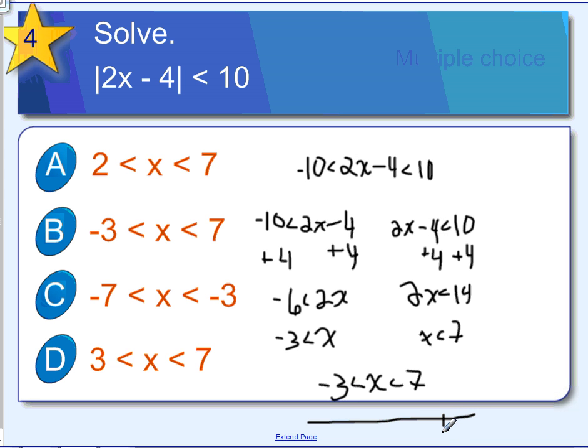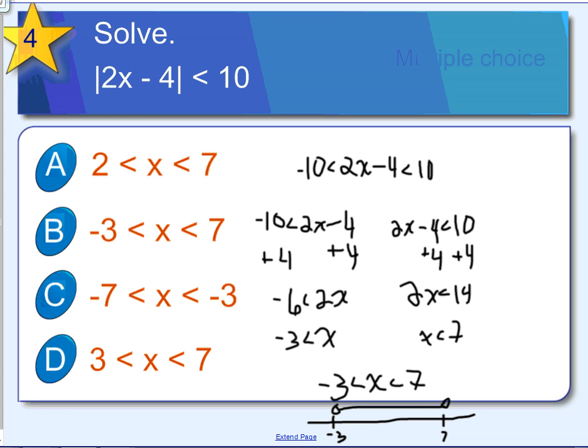So I would have 7 here and negative 3 here. Open circles, and because it is an and, I'm going to connect them in the middle. All right, so they're fairly simple once you get the correct rule down, and once you get solving them, they're very familiar to what you normally know.